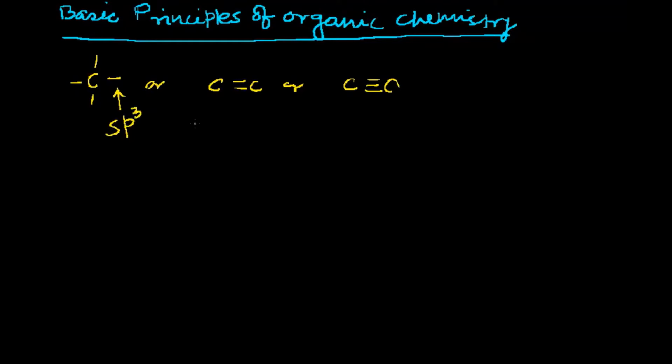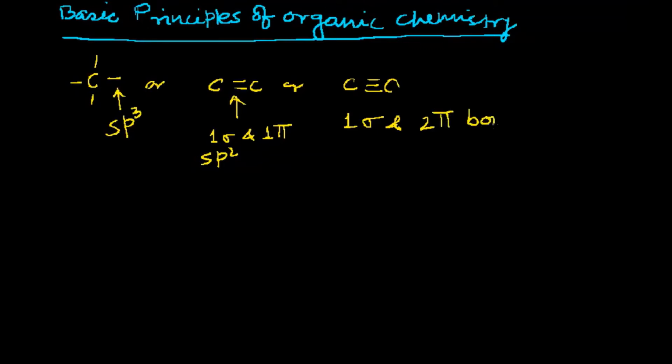sp3 hybridized, whereas in this there is 1 sigma and 1 pi bond, and therefore we can say this is sp2 hybridized. And in this case there is 1 sigma and 2 pi bonds.